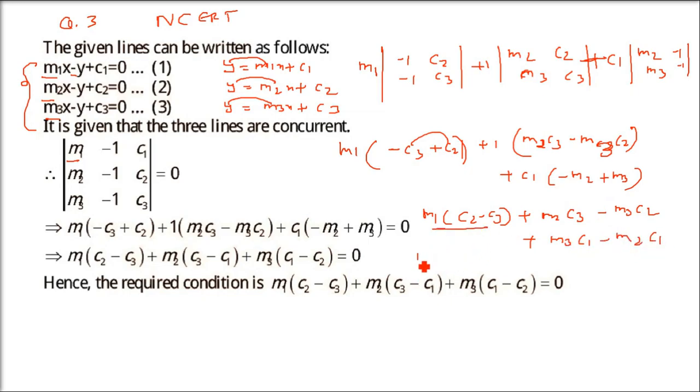So m1 common, c2 minus c3. Then take m2 common, you get c3 minus c1. From here you take m3 common, it will be c1 minus c2 inside. Since it is equal to 0, you put it 0. This is the required condition, the condition that has been asked.